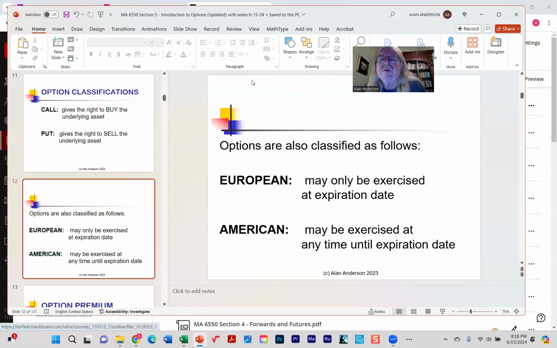There exists, for example, an option called a chooser option, where you buy the option and you have a certain length of time to decide if you want it to be a call or a put. Oh, that's kind of interesting. You may buy this option and say, well, I don't know. Maybe I'm worried about the price going up. Maybe I'm worried about the price going down, but I don't know just yet.